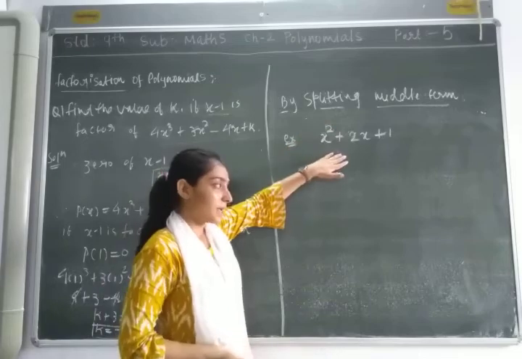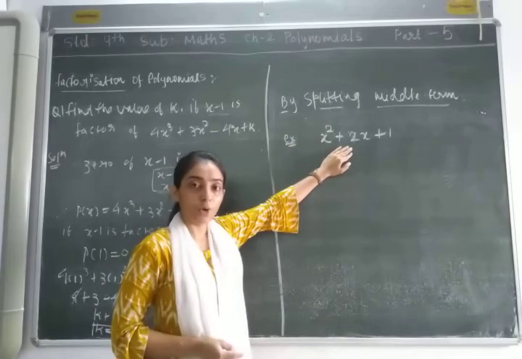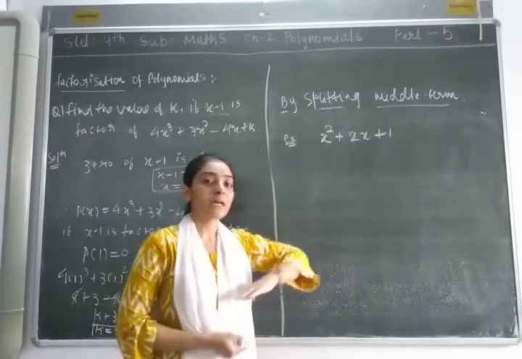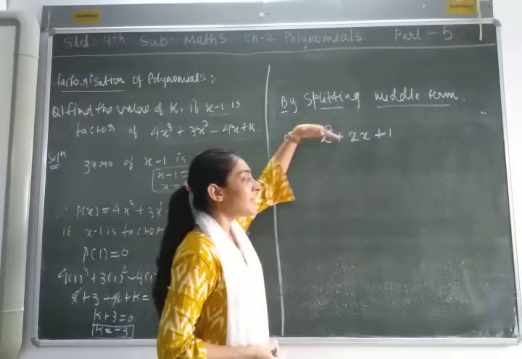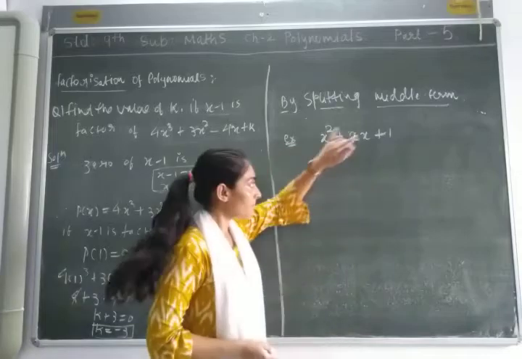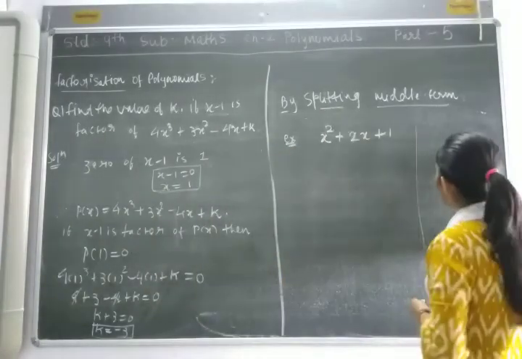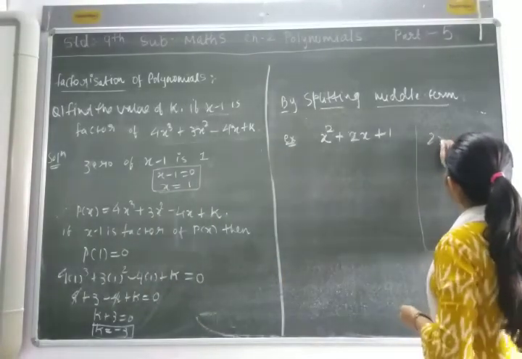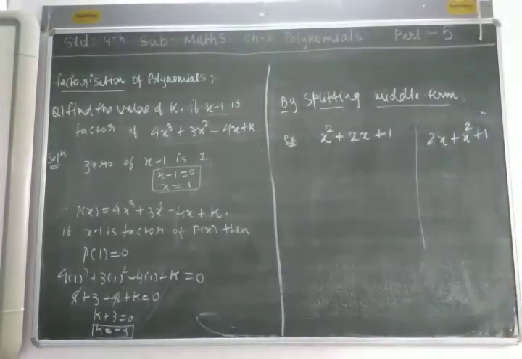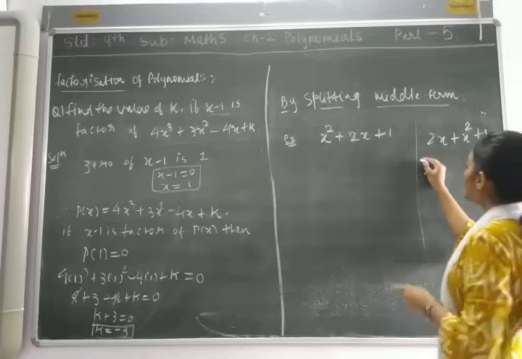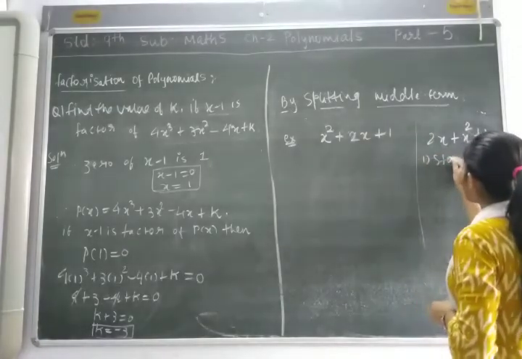First, we have to write our polynomial in standard form. Standard form is nothing but writing the polynomial in descending order. If the polynomial is given like 2x plus x square plus 1, first we have to write it in standard form.